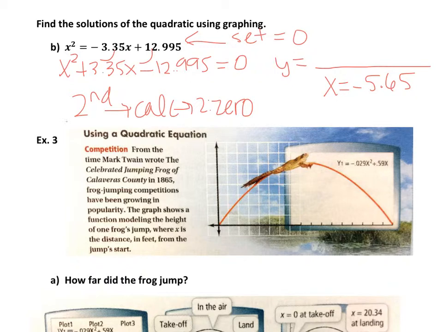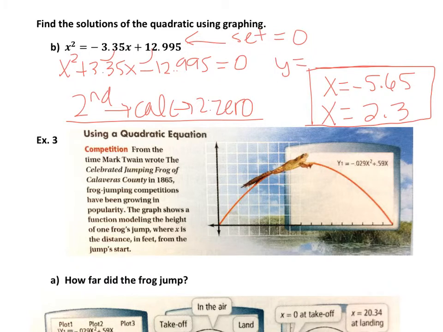Then you're going to do this process again. So go back, second, calculate, option 2, 0, and do it again. Left bound, right bound. Hit enter to guess, and you're going to get another solution of 2.3. So these are the two places where I have solutions, x-intercepts, zeros. All of those words are all interchangeable with each other.